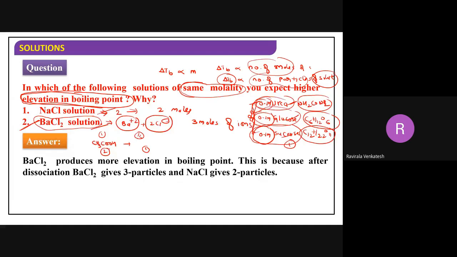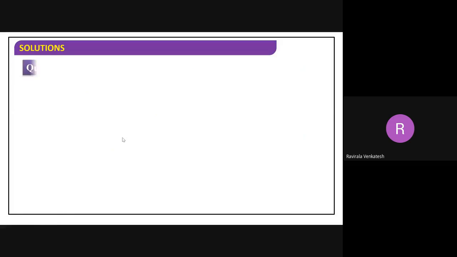In that case, 2 particles are converting into 1 particle. If association takes place, the elevation of boiling point will decrease. This topic needs the van't Hoff factor, but the van't Hoff factor is deleted from the portion. So I think this will not come in the examination because it is not in the syllabus, but you may get it at the NEET level.